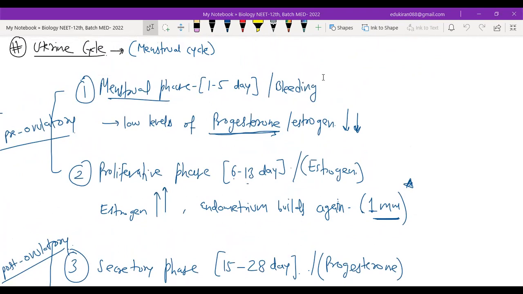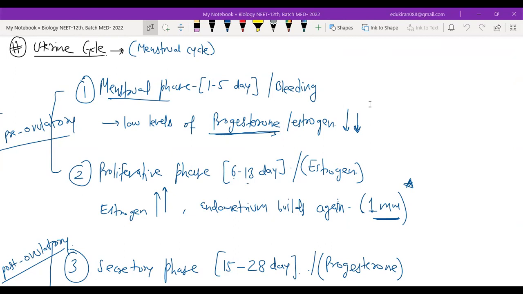But when the implantation doesn't happen, menstruation takes place, which is the first phase of the menstrual cycle. Also we studied menarche and menopause before. Menarche is the first menstruation, which happens at the age of 10 to 13. And menopause happens around the age of 50.